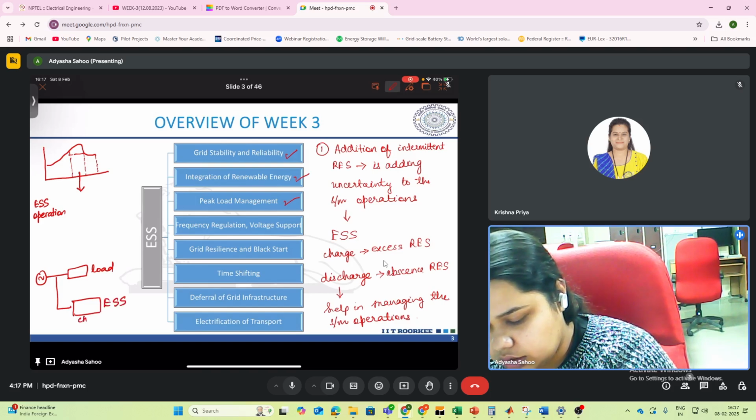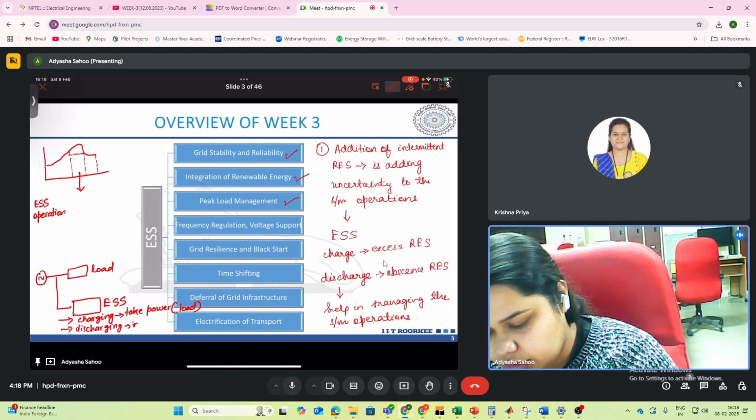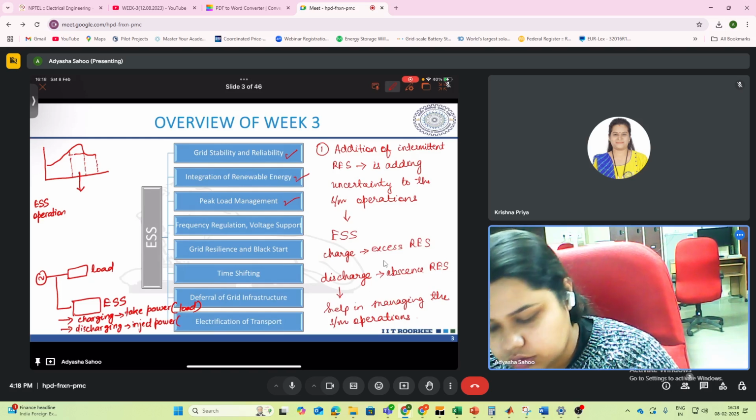Charging means it will take power from the grid or consume power, so basically it will act as a load. And when the storage discharges, it will inject power to the grid, so it will act as your generation or source.